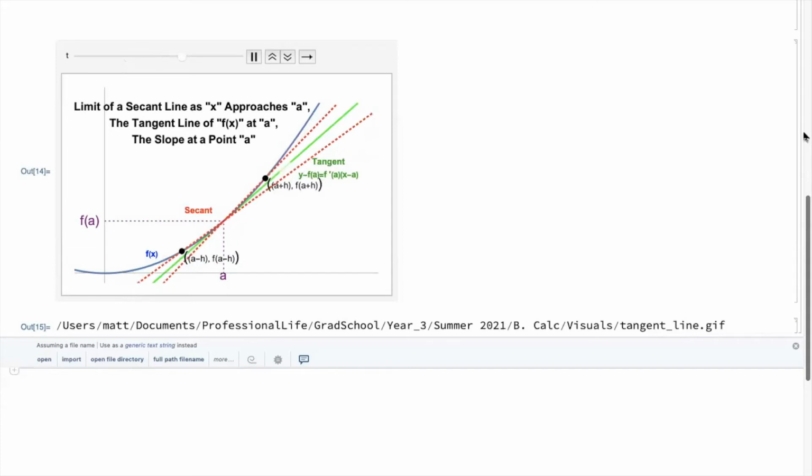Now let's let delta x be really small. For now, let's let delta x be, say, 1/10. Seems like a good number, right? Then this line is going to have the slope f of 1 plus delta x minus f of 1, divided by delta x.